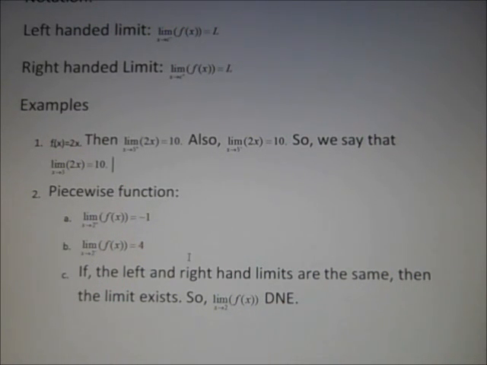If you get that the limit on the left and the limit on the right are different, then the limit of the function as x just goes to 2 does not exist. So if you want to know if a limit exists, you look at the left and the right-hand limit. If they're the same, that's your limit value. If they're different, the limit does not exist.